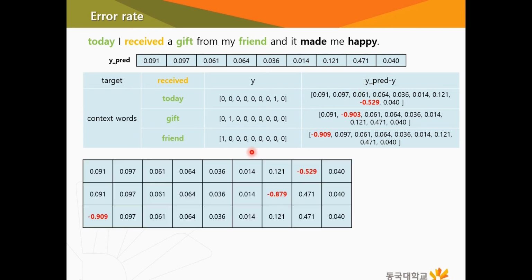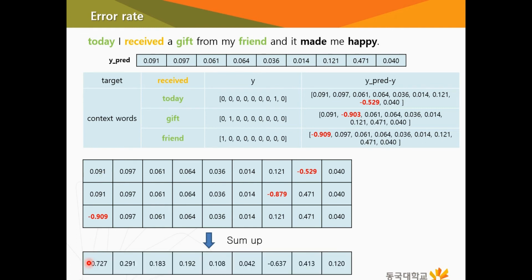Then if you list all these error rates, you sum them up row-wise, and you get the final error rates.